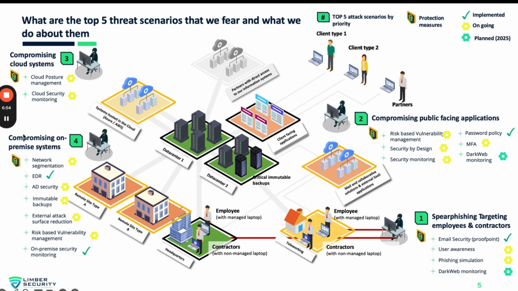And here you could talk about network segmentation within the data centers, but also between the remote sites and partners and the data centers, implementation of antivirus and EDR, Active Directory security, the immutable backup for cyber resilience, external attack surface reduction, again the risk-based vulnerability management, and the monitoring. And you could show another animated vision about the monitoring to show that you are protecting mainly the data centers with this type of solutions.